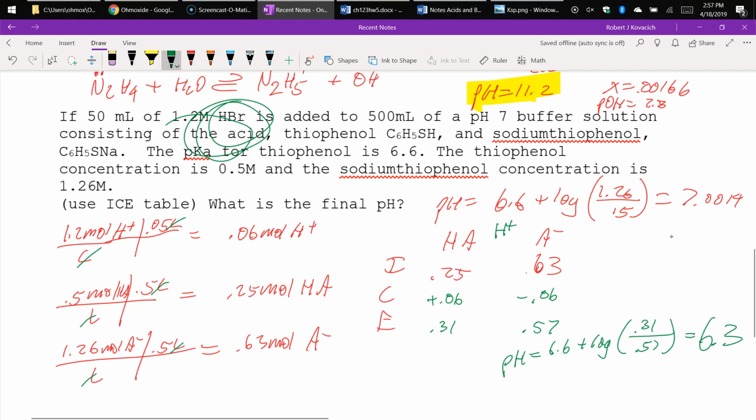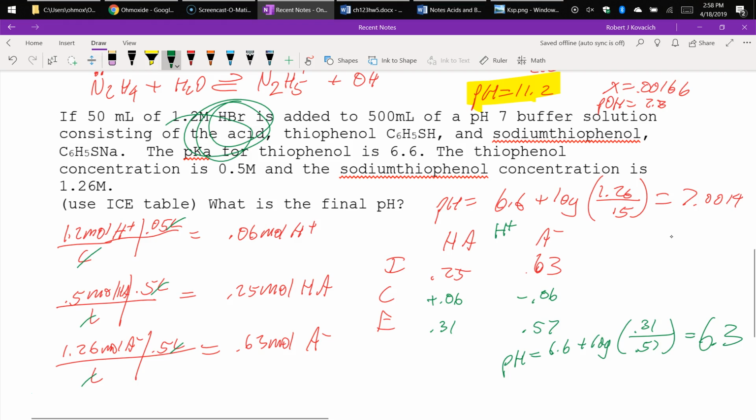So I took the amount of moles that I got out of the ice chart, and then I made it into molarity, and then I used it. You'll get the same number back. I got 6.9, but molarity, I put it over 0.55, it won't matter.